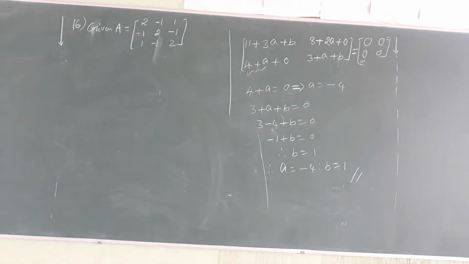So we want A cube. To find A cube we have to find A square first.